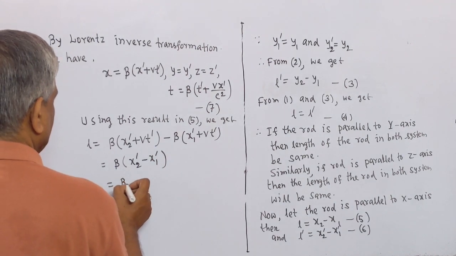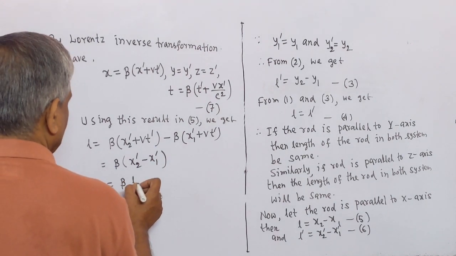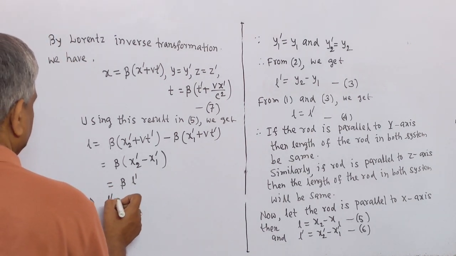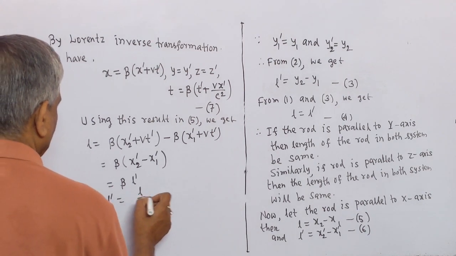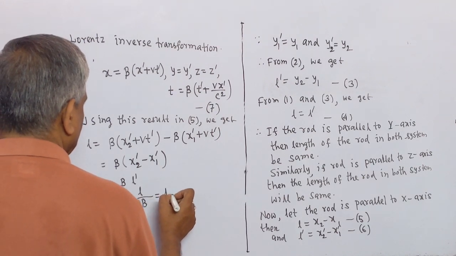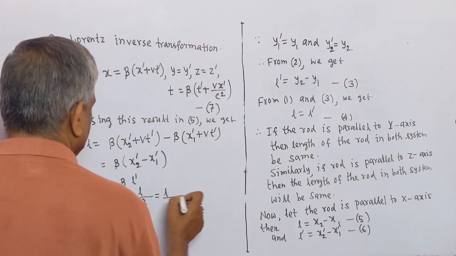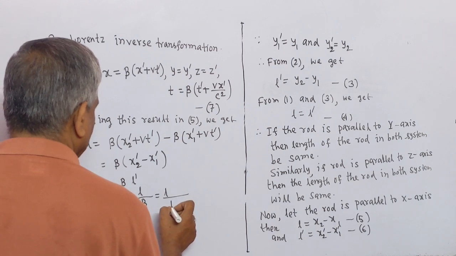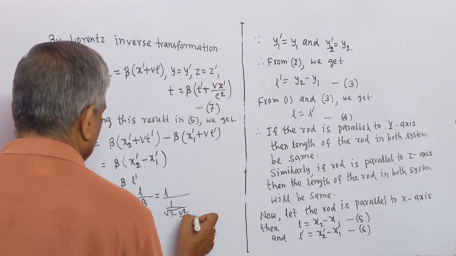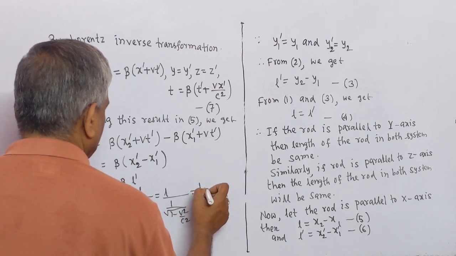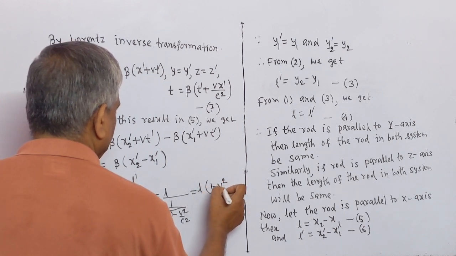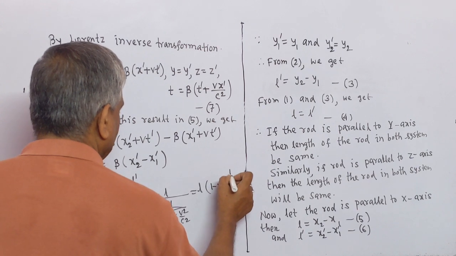This is equal to beta L prime, implies that L prime equal to L by beta. This is equal to L times square root of 1 minus v square by c square, and this equal to L multiplied by 1 minus v square by c square to the power half.